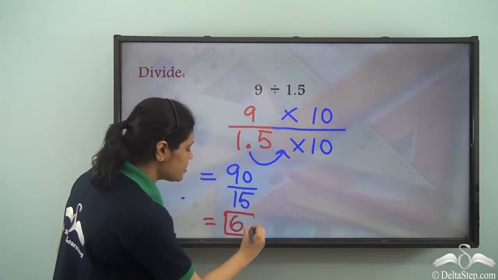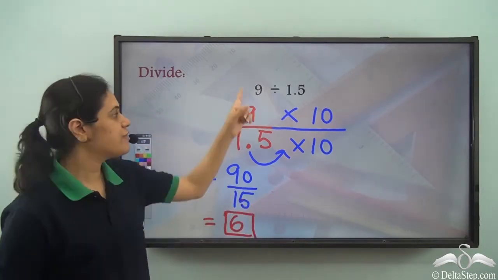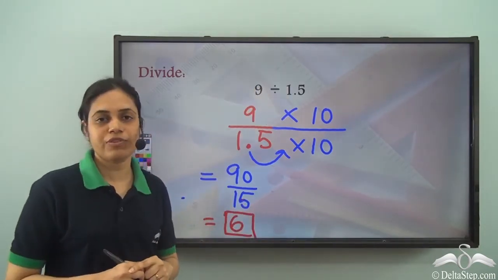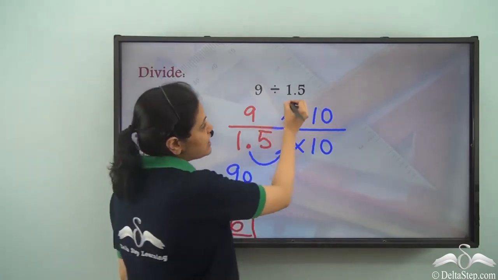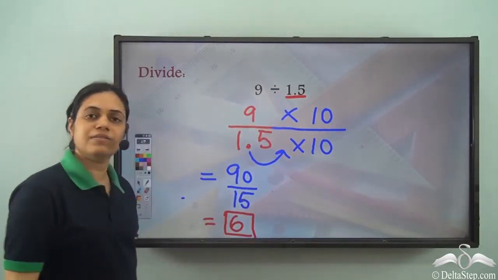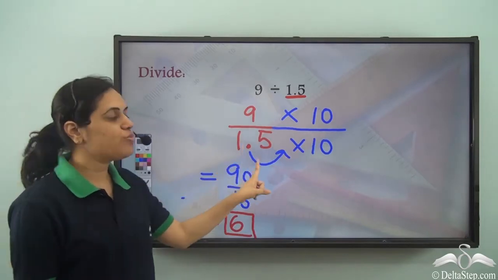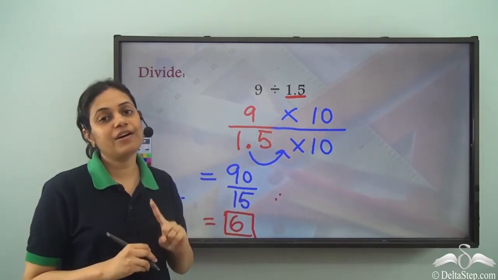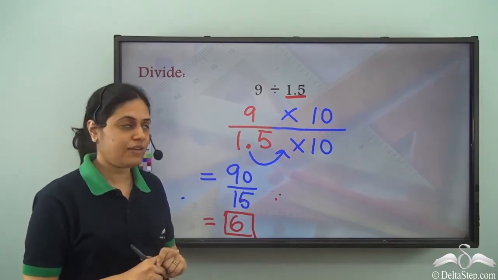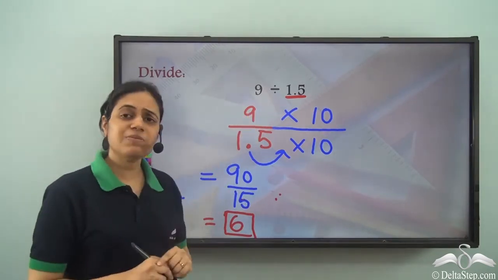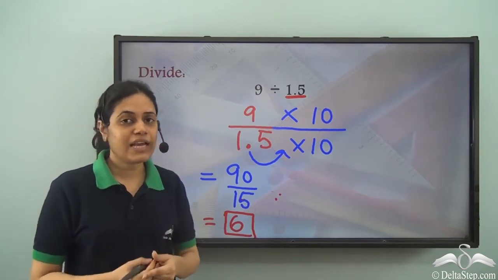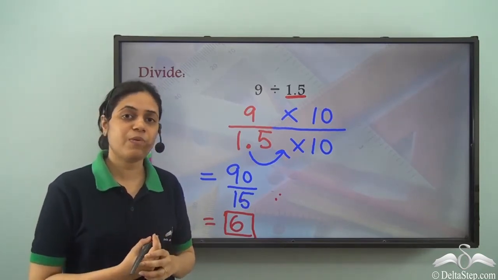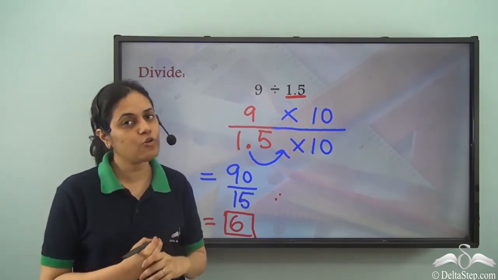So this is the quotient of 9 divided by 1.5. So if there is a decimal point in the divisor, then I need to remove the decimal point by multiplying it with the correct power of 10. And if there is a decimal point in the dividend, then we put the decimal point at the correct place in the quotient.